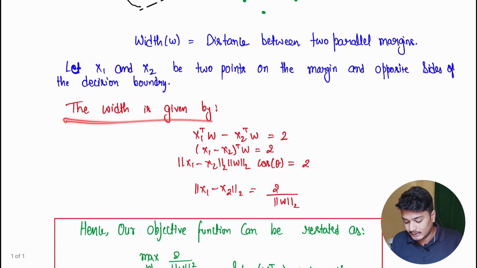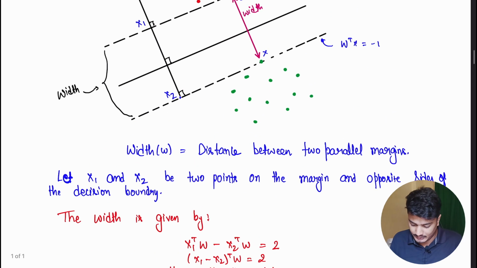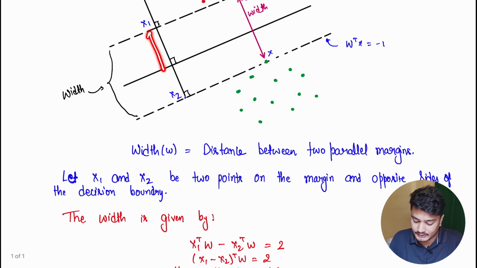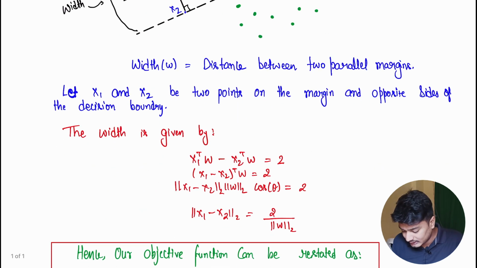Then the width is given by x1 transpose w minus x2 transpose w equals 2. Basically, this is w of 1 and this is w of 1, so the whole distance will be 2, correct? So x1 transpose w minus x2 transpose w equals 2. From here we can take w common: (x1 minus x2) transpose w equals 2.